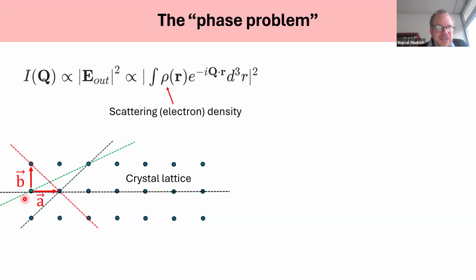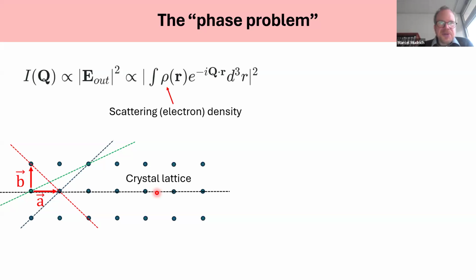So this sum of Dirac delta functions in one dimension would be called a Dirac comb. It's a comb, so it's a periodic arrangement of Dirac delta functions. Maybe somebody knows what the Fourier transform of such a function would be, or any wild guess.